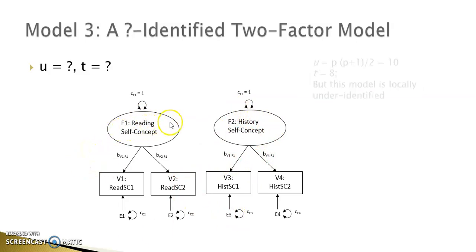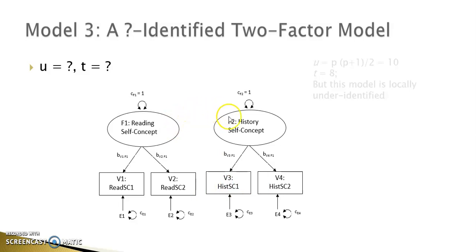Then I made one change to model 2, and we have the third model. Everything is the same as the previous model, except there is no covariance between the 2 latent factors. So the number of parameters to estimate is 8. The 4 factor loadings and the 4 error variances of the indicator variables. Given the 10 unique values in the variance covariance matrix, it seems like an over-identified model, but not so quick.